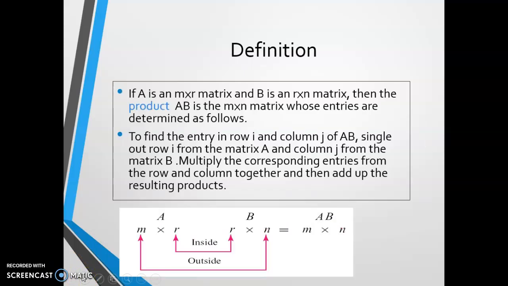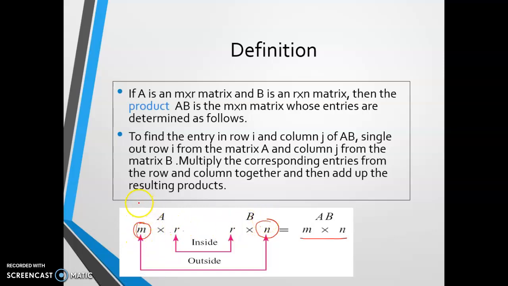Okay, if A is an MR matrix and B is an RN matrix, then the product AB is the MN matrix whose entries are determined as follows. Okay, for multiplication, let's say we want to know the final answer. We want to check, the final answer should be M times R for matrix A, multiplied with matrix B, R times N. So the answer is M times N. The number of rows and columns we can check from here.